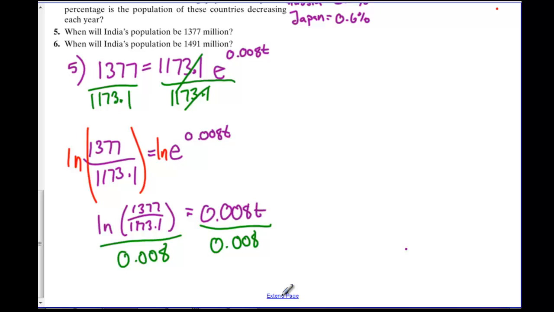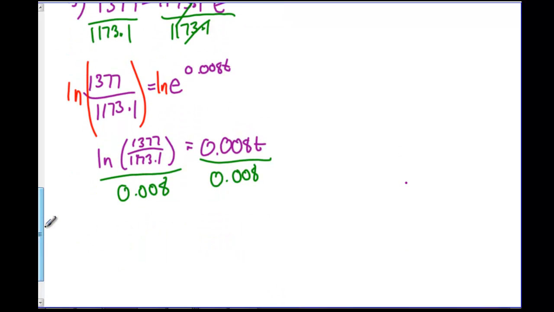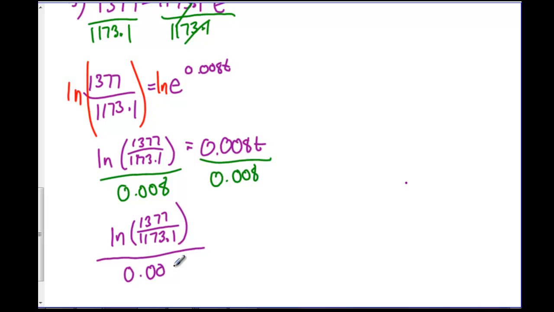And make a little tiny bit more space. So this whole big thing is what t is, and a decimal equivalent is 20.03.